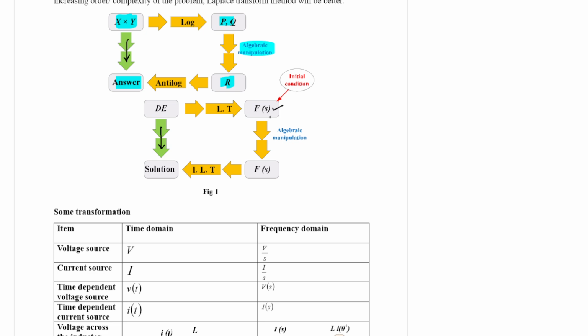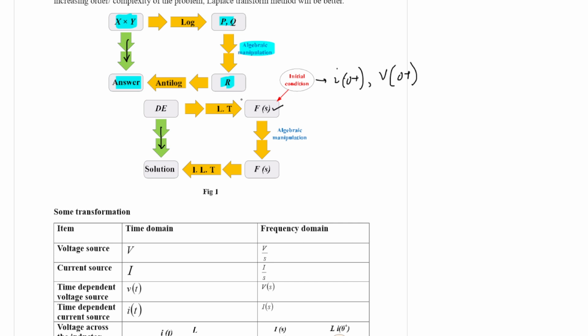Now on that F(s), you must impose some initial conditions. What are initial conditions? That is inductor current I0 plus and capacitor voltage V0 plus.